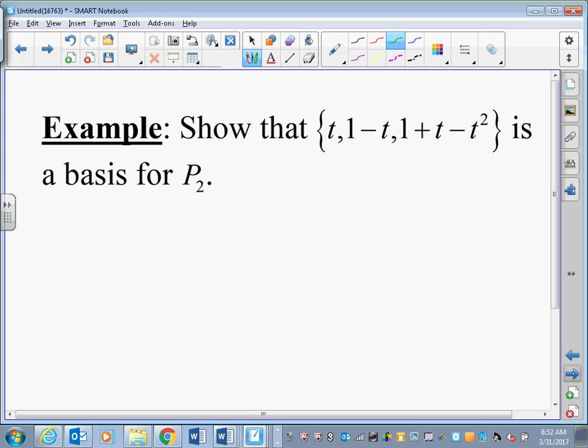I call them vector 1, vector 2, and vector 3. The vectors are independent, right? And what's the dimension of that basis? That's a way to do it, right? And we're good with that? You got questions on that?